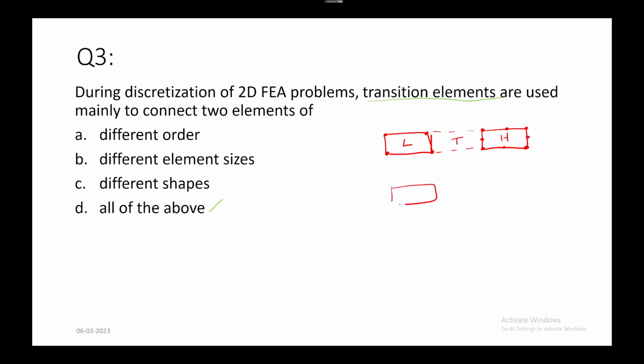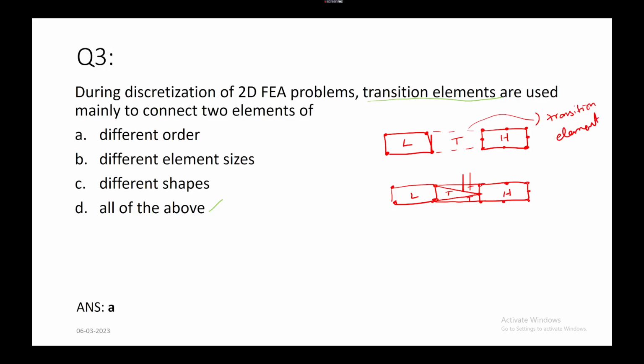Another connection is, you say you have like this. So what you are going to do is connect using triangular elements. So three triangles. Okay, but actually by definition, only this is called a transition element.